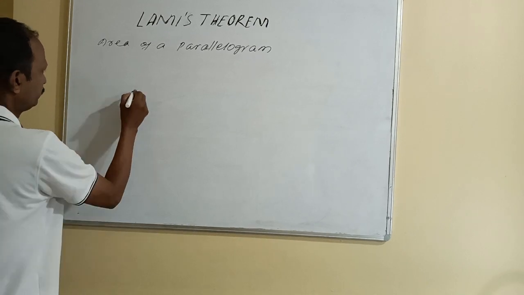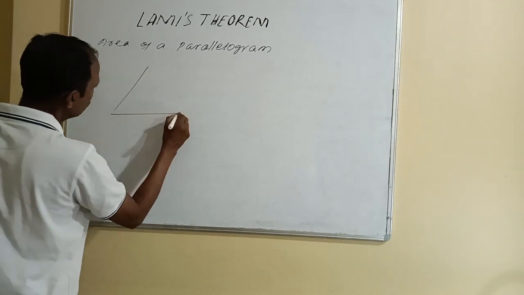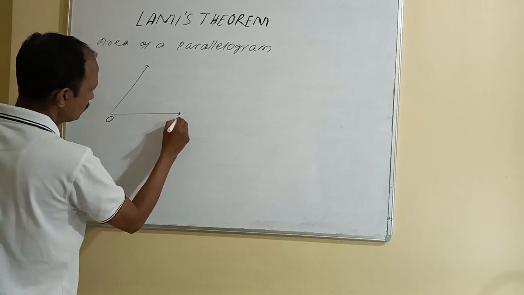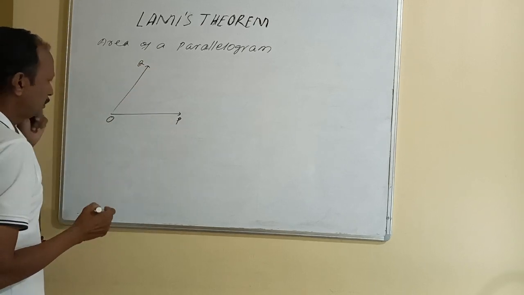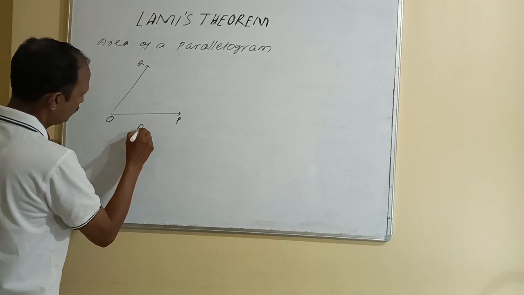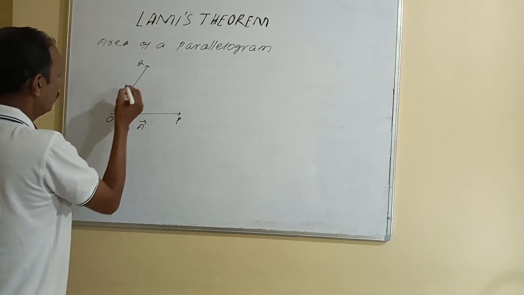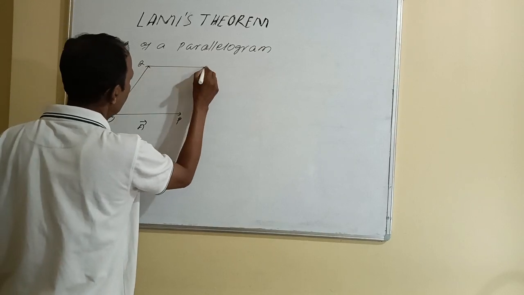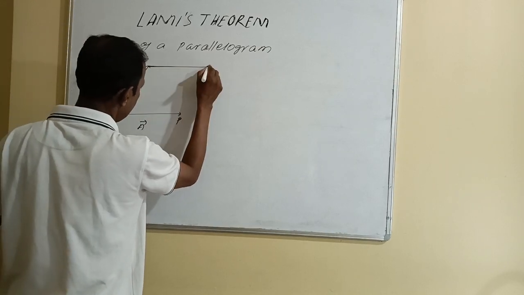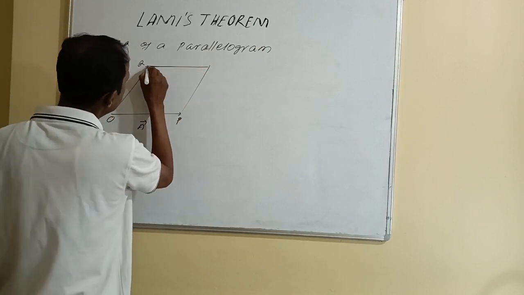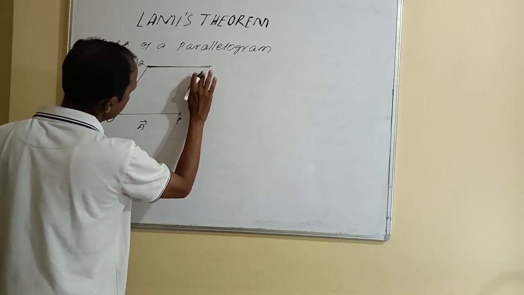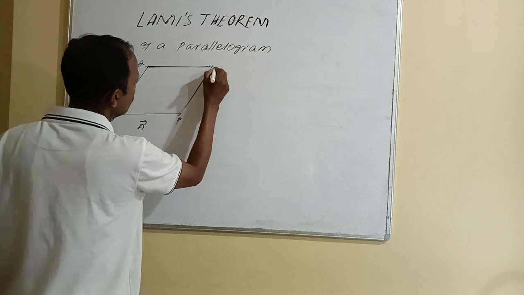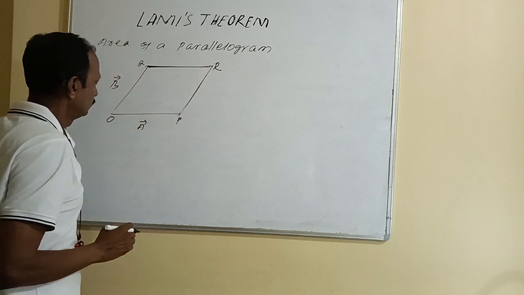Now you see that, suppose this is O, this is P, this is the Q. This OP represents the vector A, OQ represents the vector B. I am completing this parallelogram. Okay, suppose this is R.